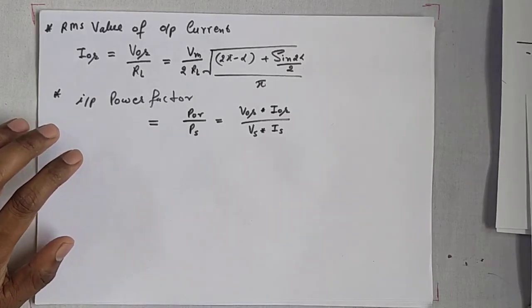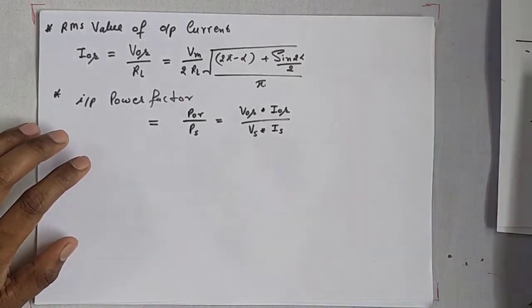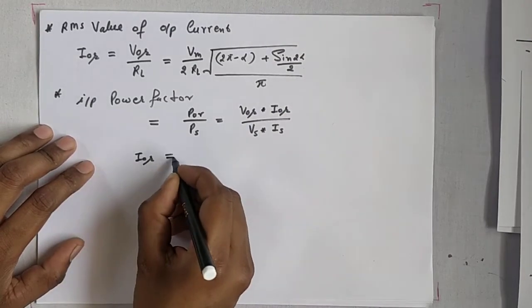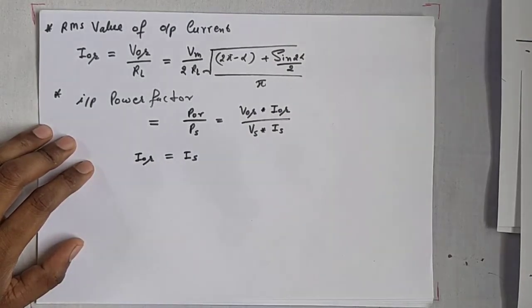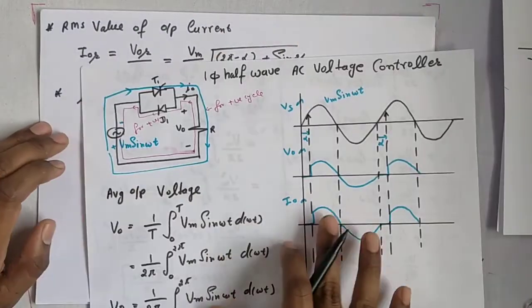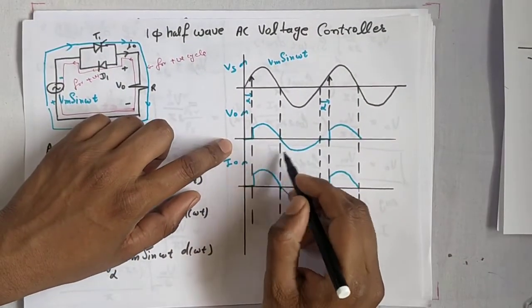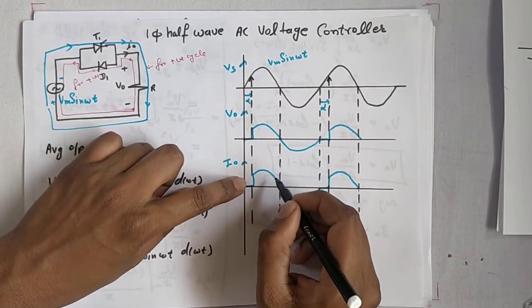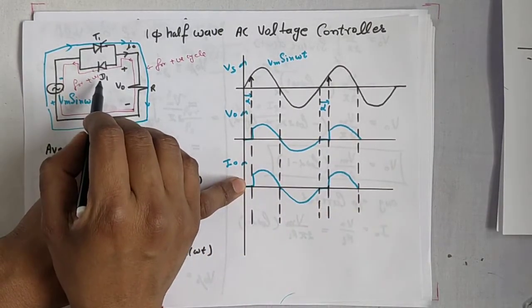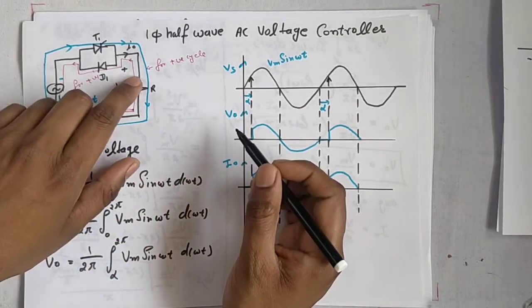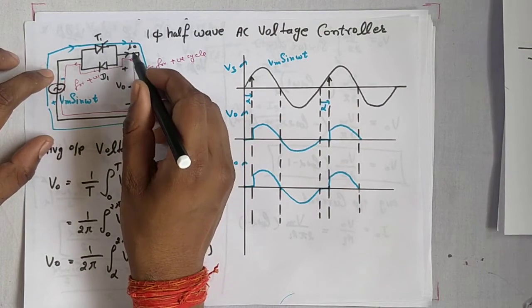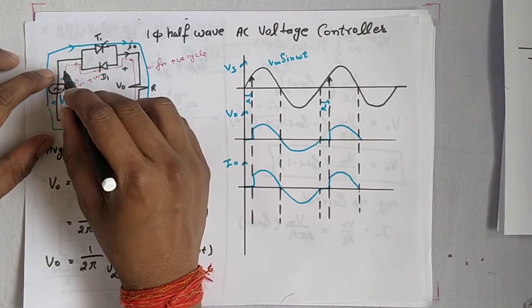So IOR equals IS. Why? Let's see. In this waveform, the I0 only appears when T1 and D1 are on. So I0 is the same as IS. Whatever the IOR is, it is the same as IS.